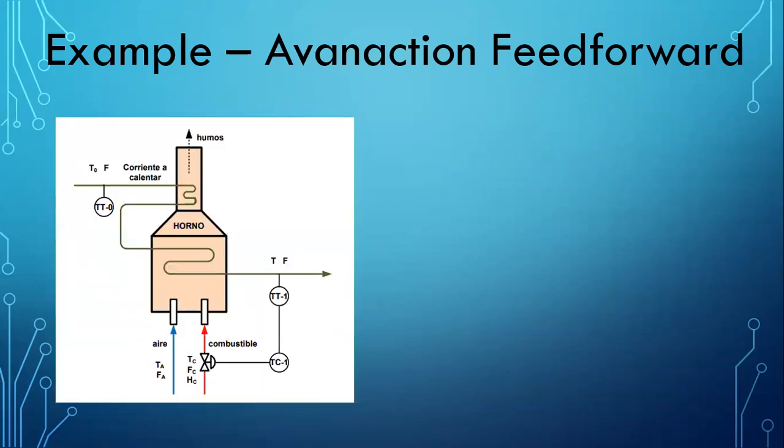We have the image, and we have three questions. Make a block diagram of the single loop composition control.